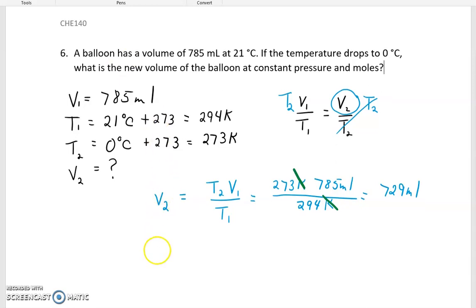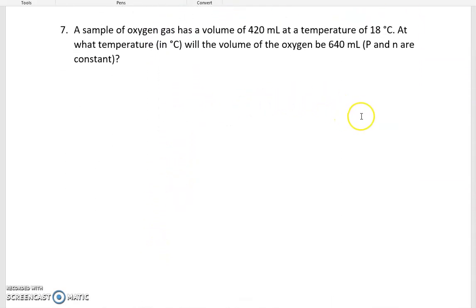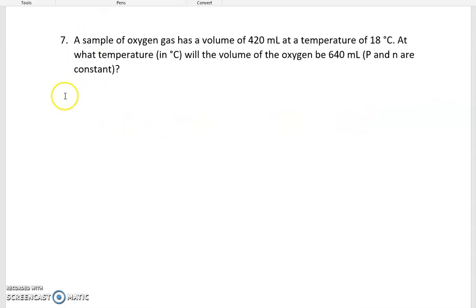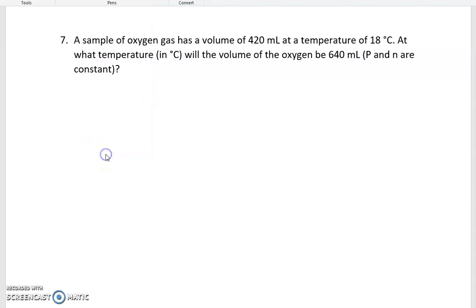I've got one more problem. A sample of oxygen gas has a volume of 420 milliliters and a temperature of 18 degrees Celsius. At what temperature?